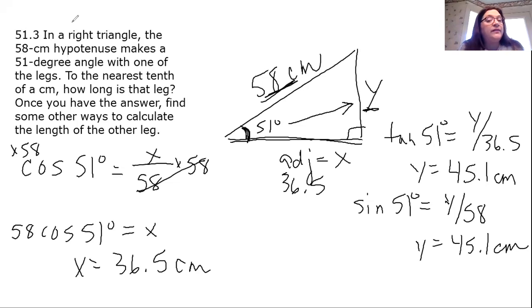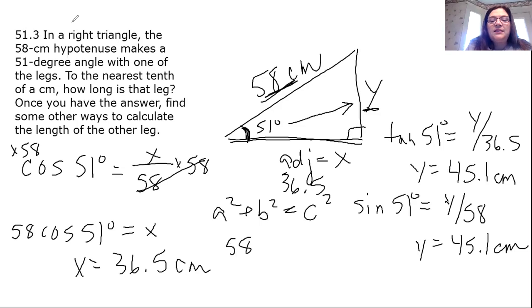What's the old school way of getting this number? The old school way could be our good old Pythagorean theorem. In this case, I know the hypotenuse, so 58 squared equals 36.5 squared plus y squared.